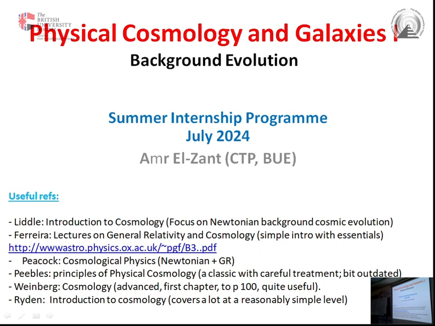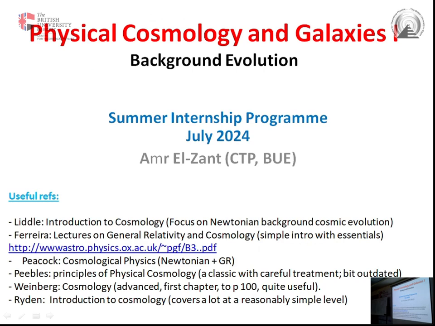The best book on very elementary background evolution, focusing on a Newtonian formulation, which we will also focus on, is this. If you want a general relativity pedestrian introduction, there are lecture notes by Pedro Ferreira, "General Relativity for Pedestrians", which explain some basic things, and also how you can get the background evolution in cosmology from the FRW metric.